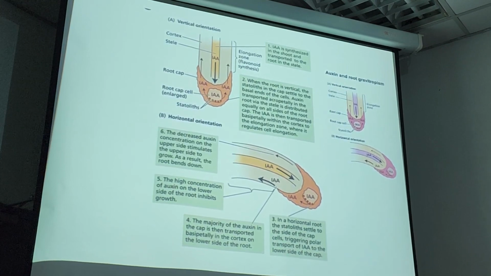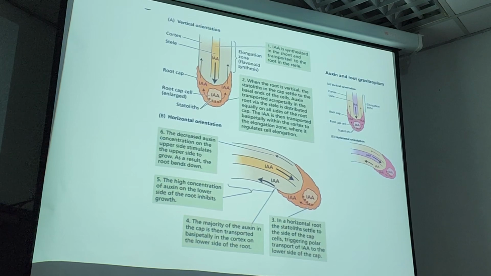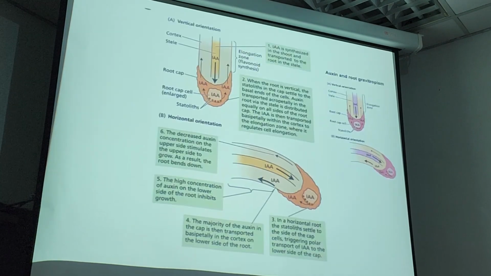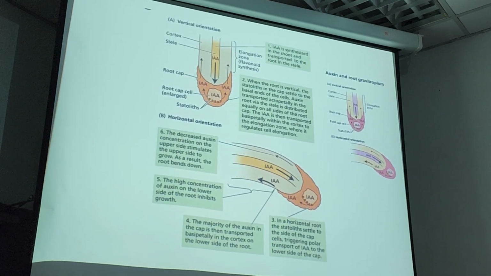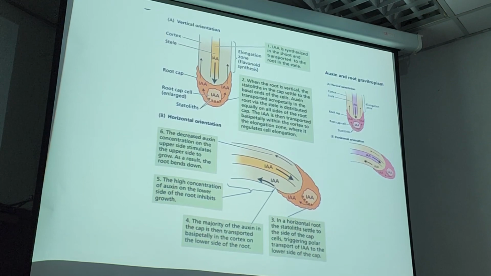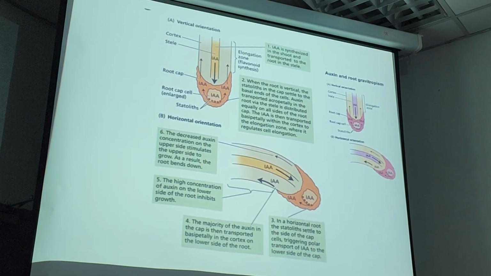Remember, in the shoot, the auxin is shying away from the light. For the root, auxin is shying away from the statolith, the batu. You can think of auxin disliking batu. Why? I do not know whether people have done a study on it, because the batu is not really a stone, it's actually starch concentrated into a deposit.